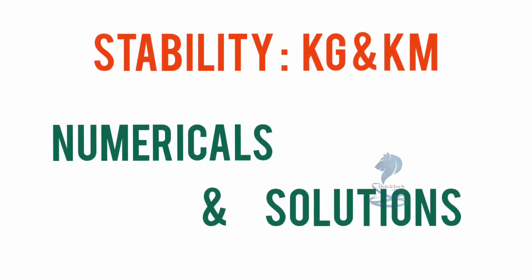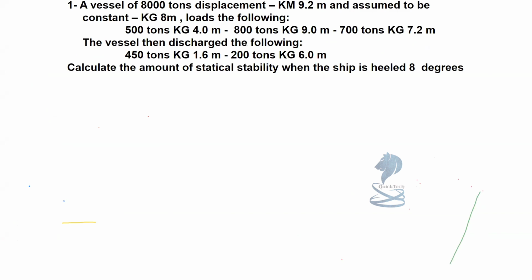So now let's see some numericals and their solutions related to KG. Question number 1. A vessel of 8,000 tons displacement, KM 9.2 meters and assumed to be constant, KG 8 meters, loads the following: 500 tons KG 4.0 meters, 800 tons KG 9.0 meters, 700 tons KG 7.2 meters.